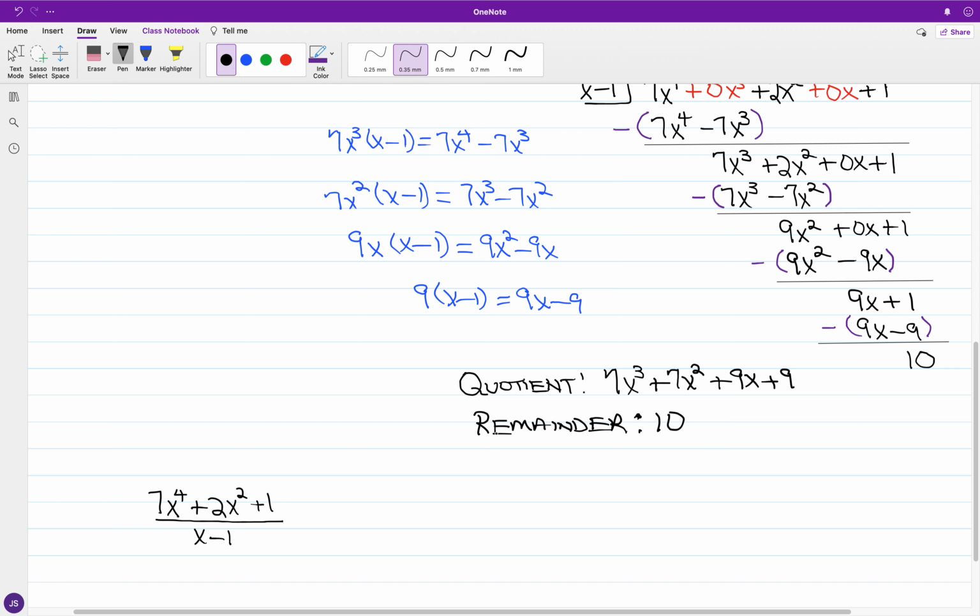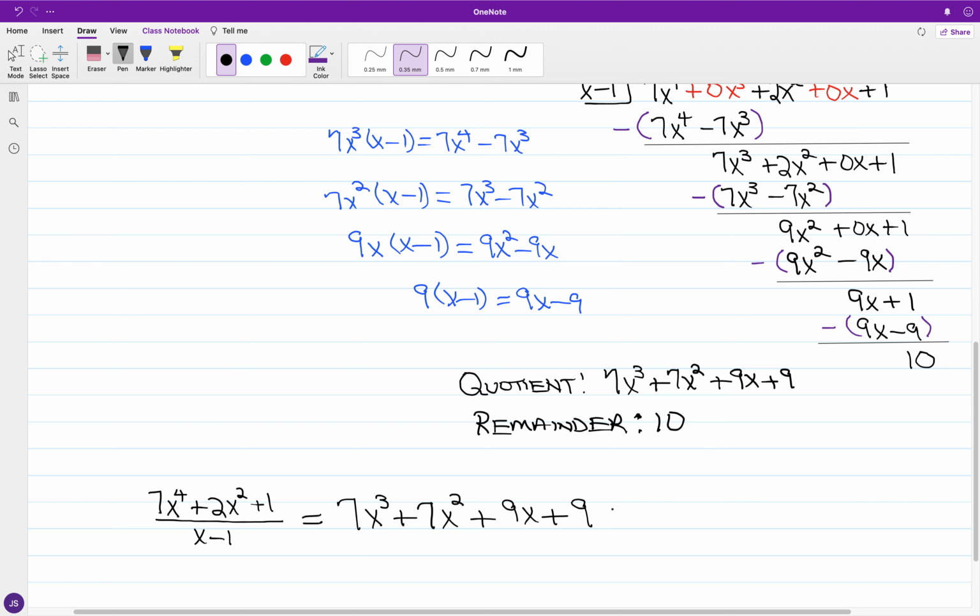So just an expanded form of what we have here. So we have 7x to the fourth plus 2x squared plus 1 over x minus 1. So that's going to be equal to the quotient, which we have at 7x cubed plus 7x squared plus 9x plus 9.